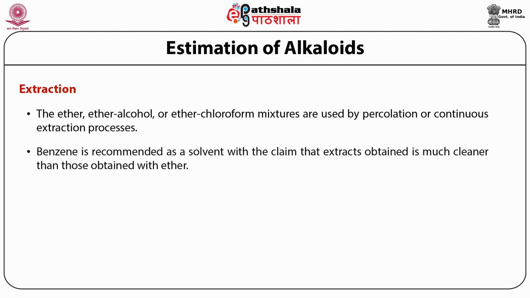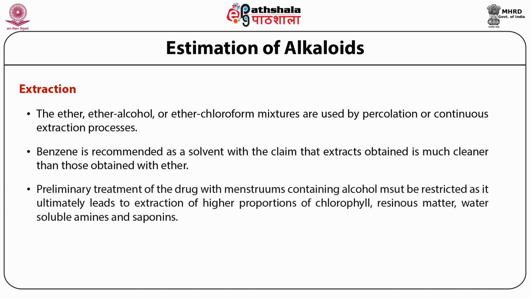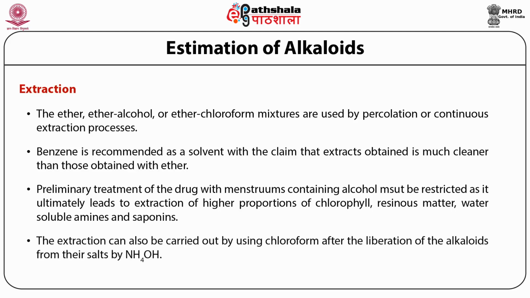Benzene is another choice which can be used as a solvent as it leads to cleaner extracts. Preliminary treatment of the drug with a menstruum containing alcohol should be restricted as it ultimately leads to extraction of higher portions of chlorophyll, resinous matter, and water-soluble amines and saponins. The extraction can also be carried out using ammonium hydroxide.